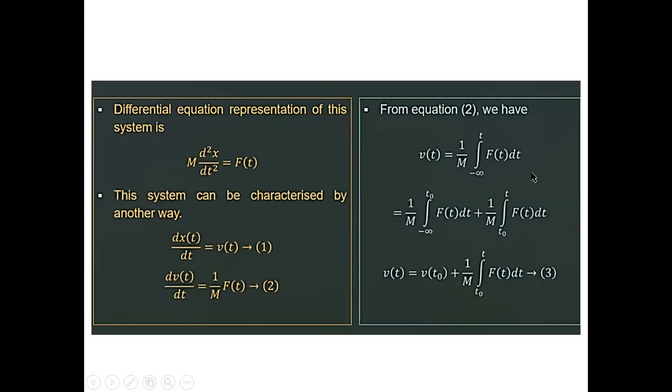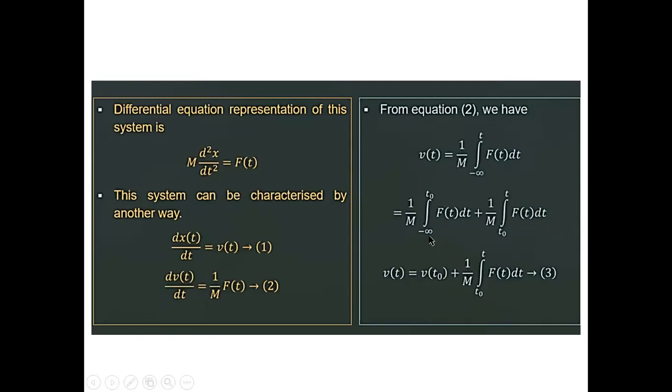When we simplify, let's split this time interval from negative infinity to t into two sections, using any instant t0: minus infinity to t0 and t0 to t as the limits. There will be no change.